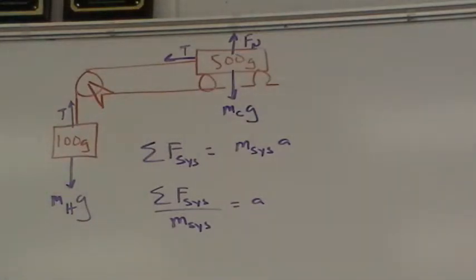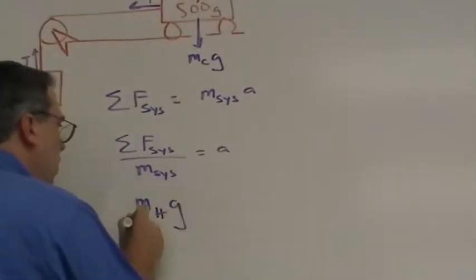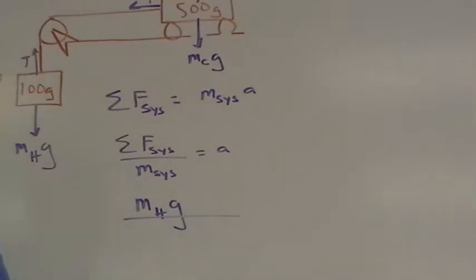And then you look at that picture and ask yourself, what force makes that system go? The weight hanging. Are there any forces resisting the movement of the system? Are we assuming the table is frictional? Yeah, we are assuming it's frictionless.